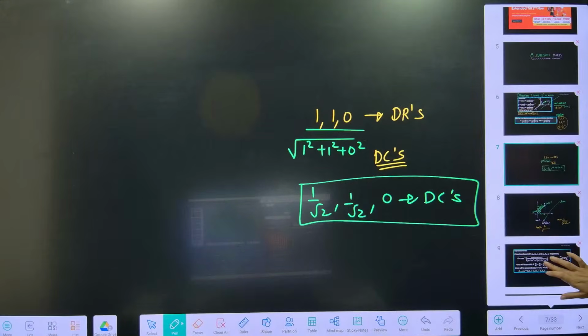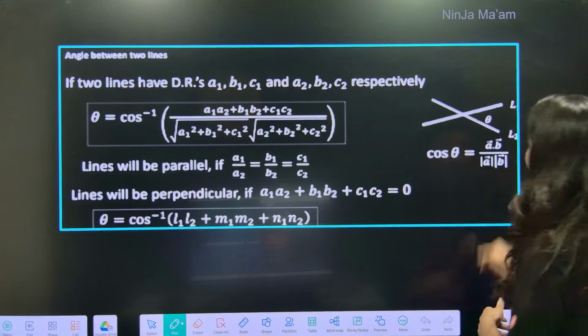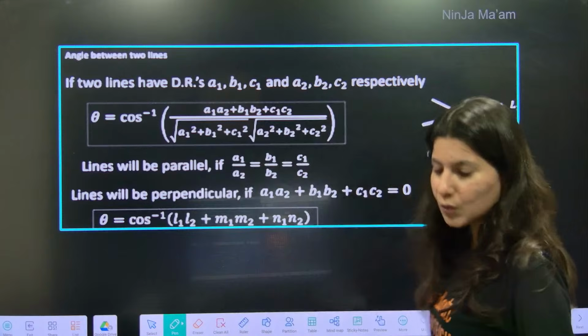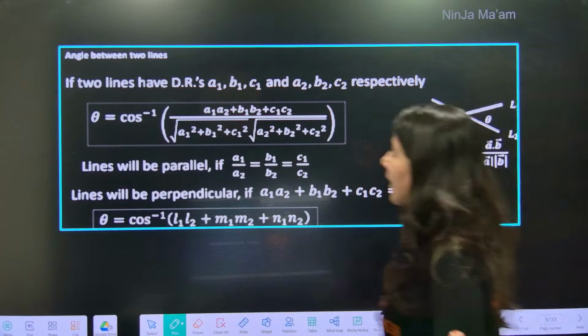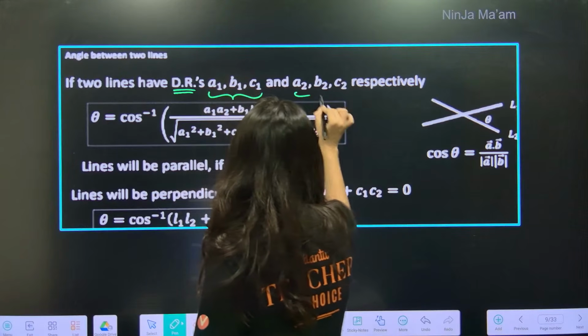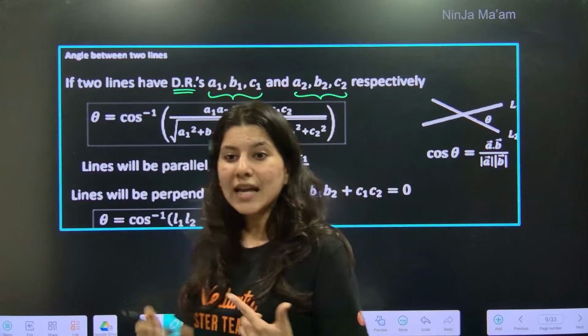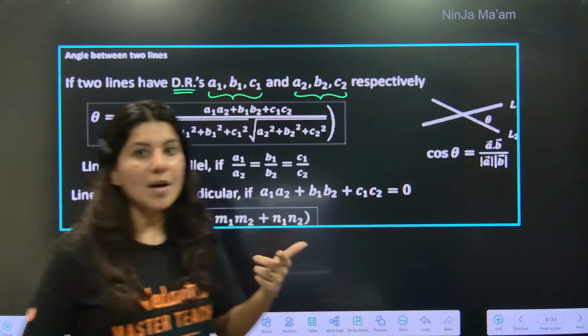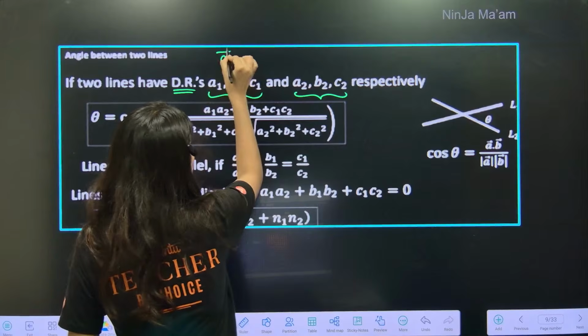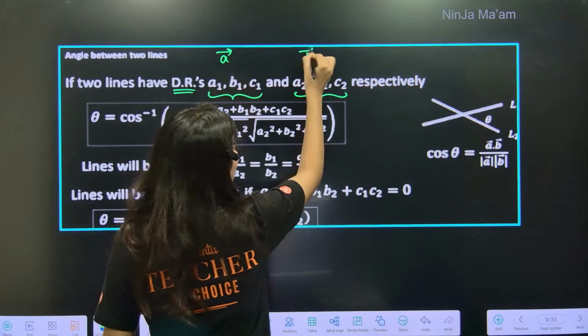All right. Now, if somebody gives you two lines, and the two lines have direction ratios A1 B1 C1, A2 B2 C2, how will you calculate the angle? So think of this as vector number 1, A vector, and this as vector number 2.